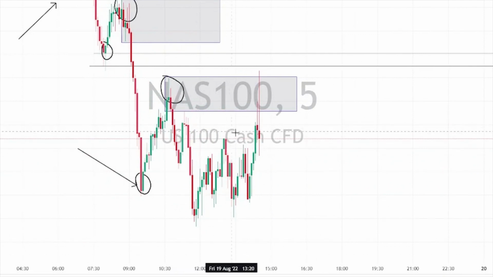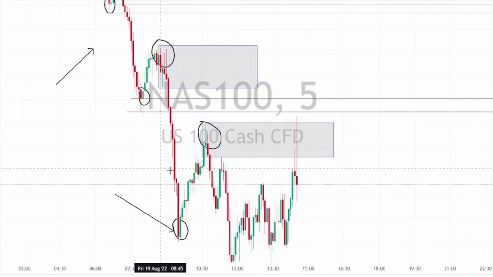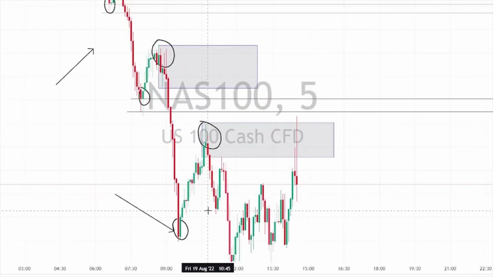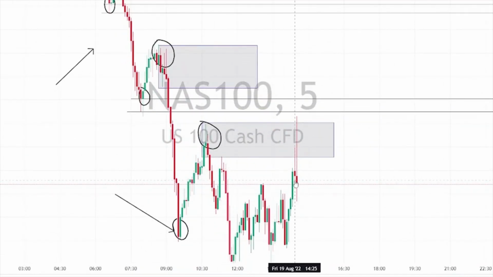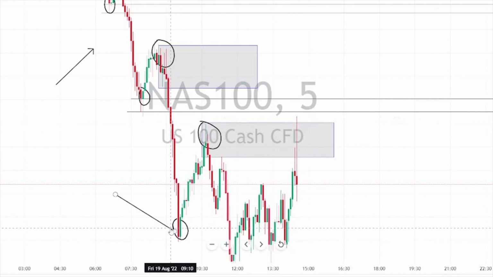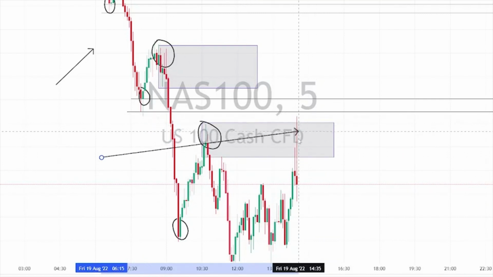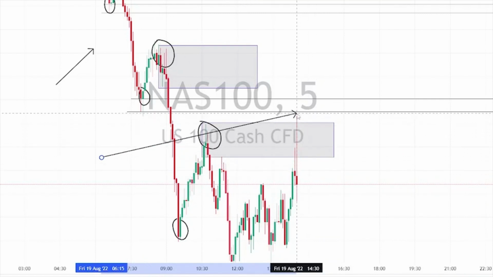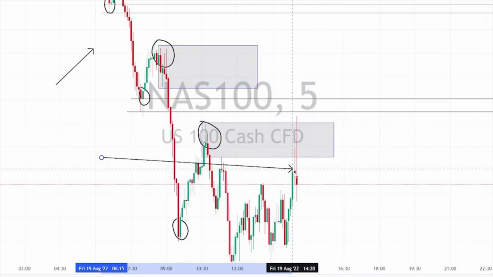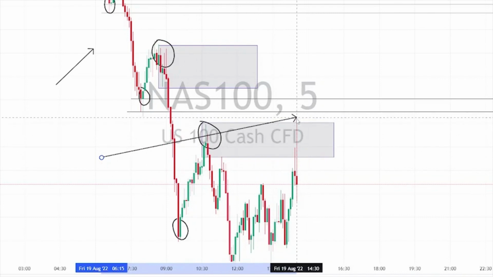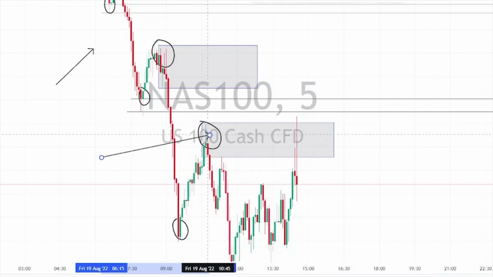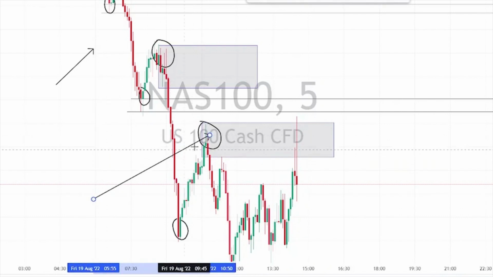Now our supply has been made invalid. Why? Because this candle here broke this supply. Once your supply has been broken with a wick, you have to delete it because the supply is no longer valid.